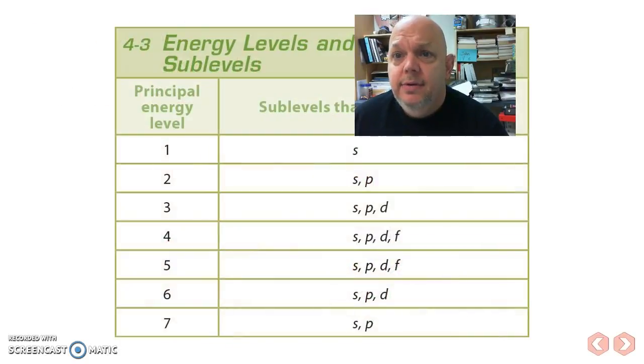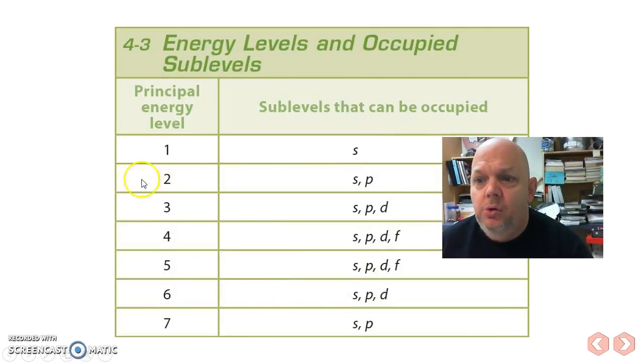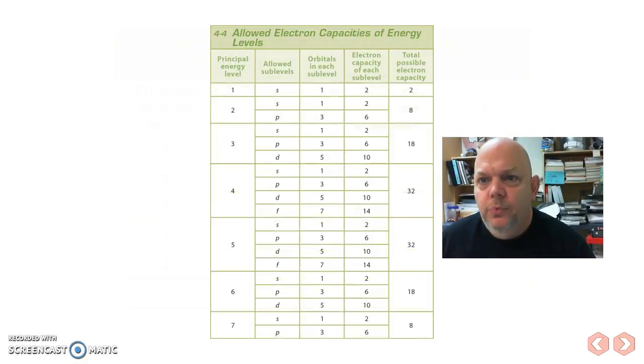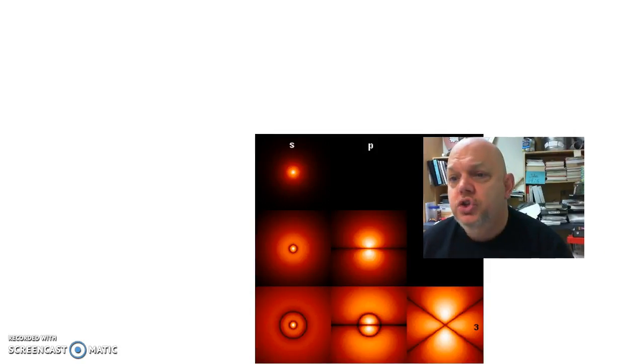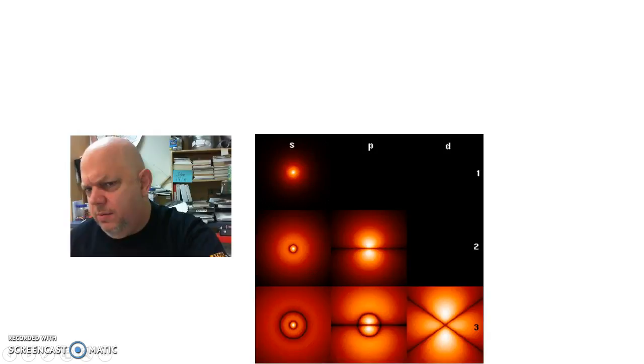So you can see energy levels and occupied sublevels right through here. We're going to fly through the allowed electron capacities of energy levels. This can tell you how many electrons can be loaded up on each of these sublevels. Now this is a computerized image right there.